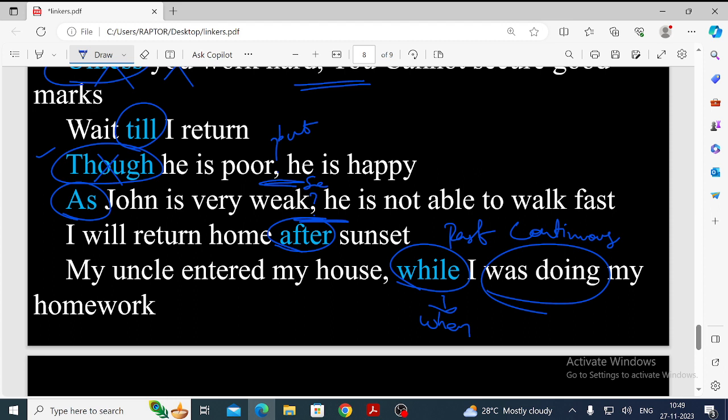For your further information, in sentence types we have three different sentences. Particularly, we have discussed here the subordinate and coordinate conjunctions, which come under two different sentences: the complex sentence and the compound sentence. The subordinate conjunction comes under complex, and the coordinate conjunction is considered compound.